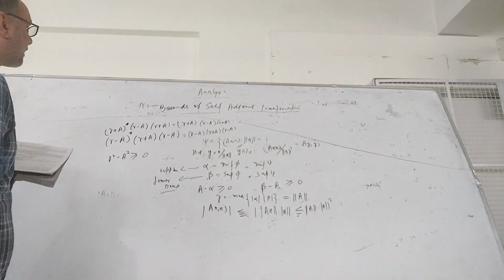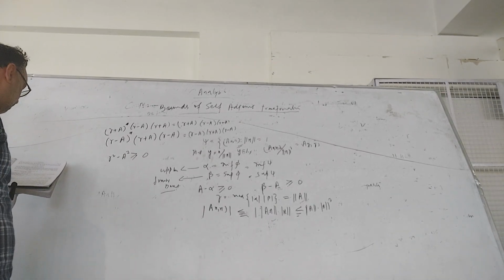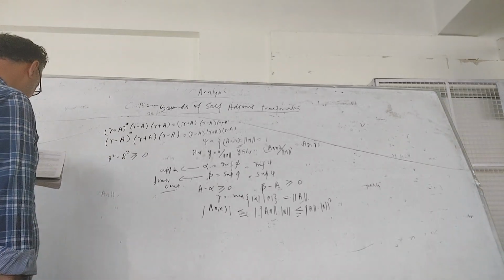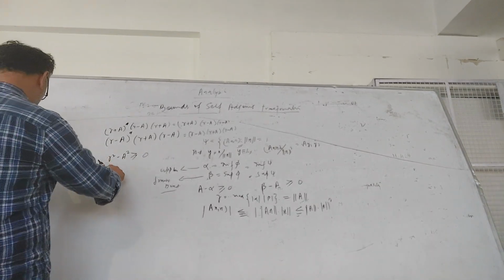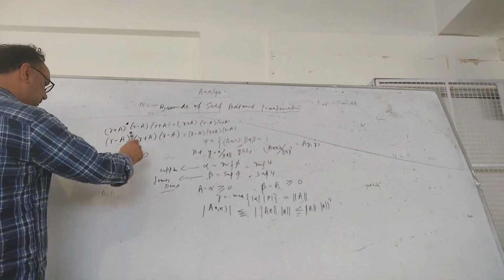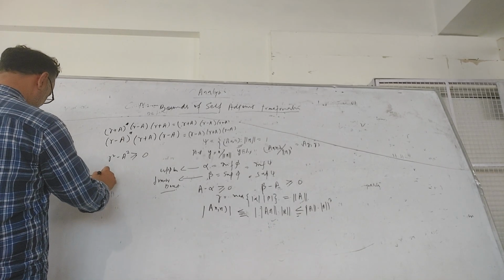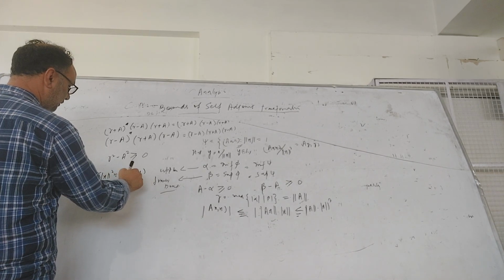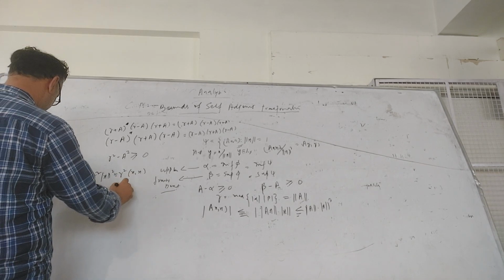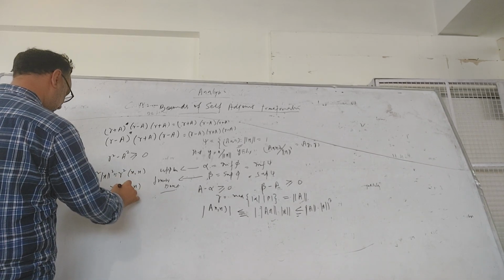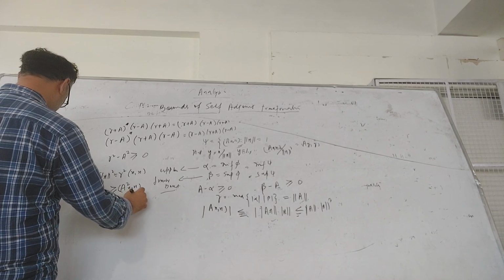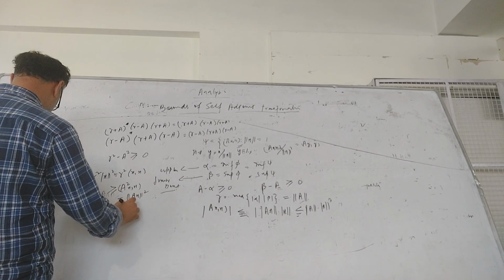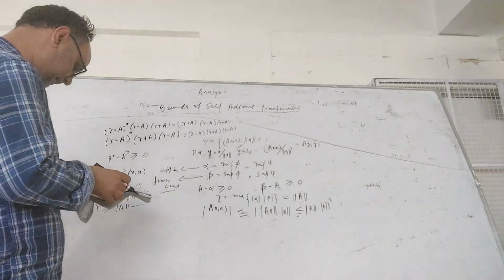They define the upper and lower bounds of the given sequences, which are bounded by this A. If you simplify it, gamma square minus A square, as an inner product of these two elements, is always greater than or equal to zero. So the proof is complete in that sense.